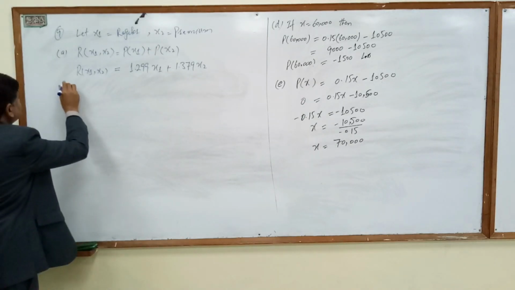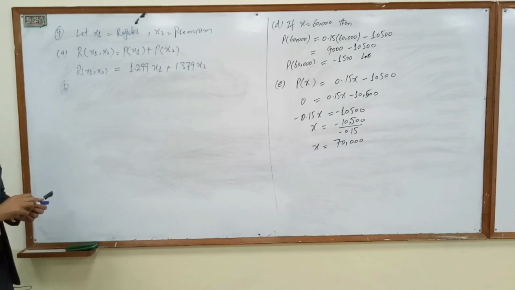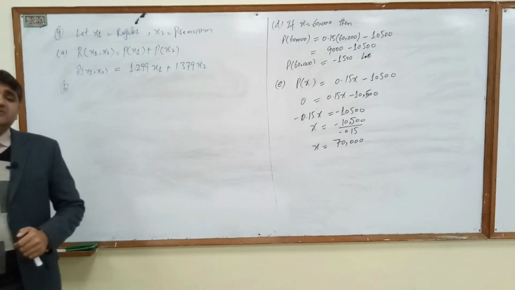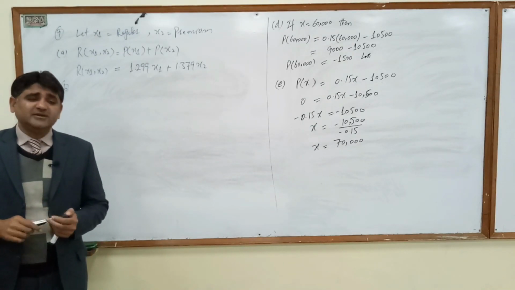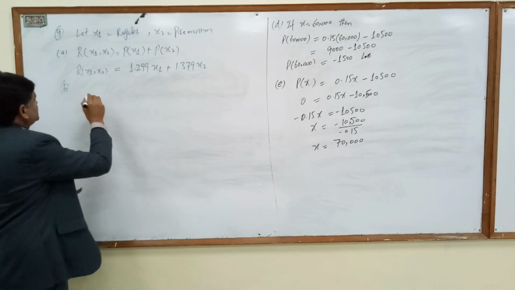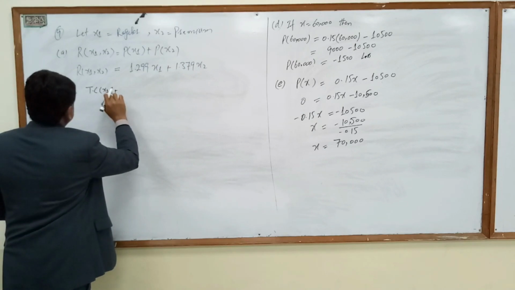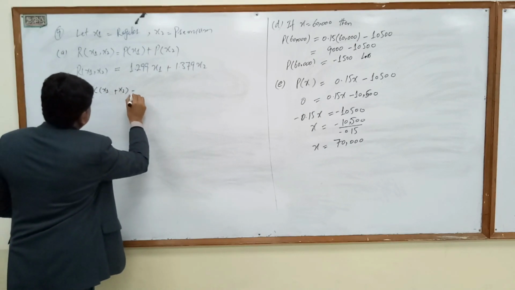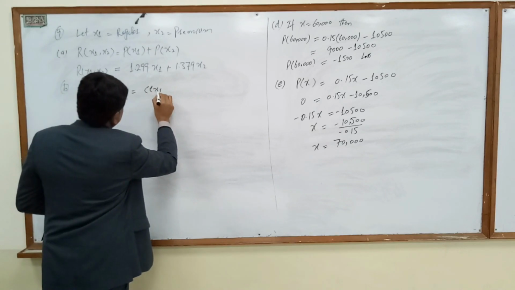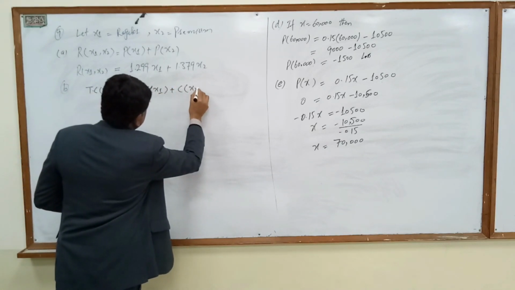What is part B? Formulate the total cost function for purchasing X1 and X2 gallons respectively of the two grades. Do you believe we have fixed cost here? We don't have fixed cost. Obviously, they are having only one cost. The total cost of X1 and X2 is equal to C of X1 plus C of X2.